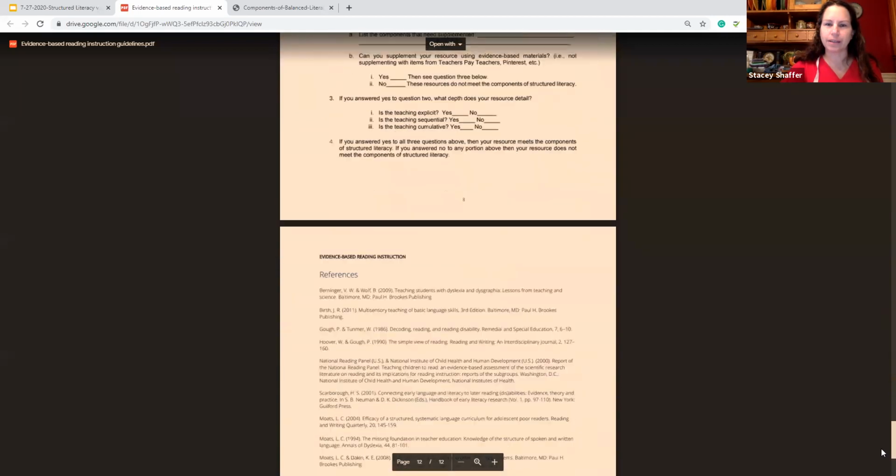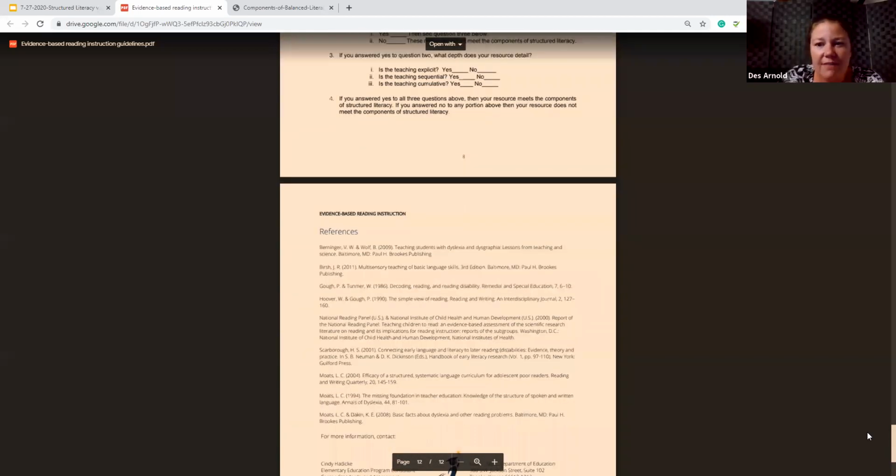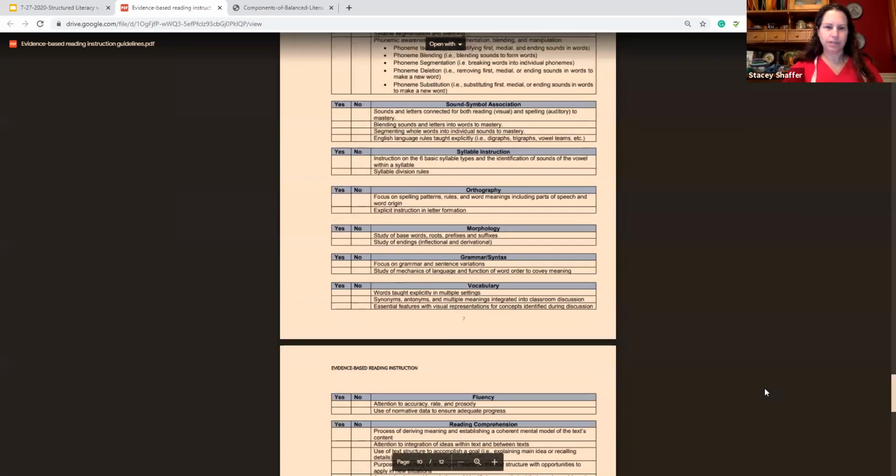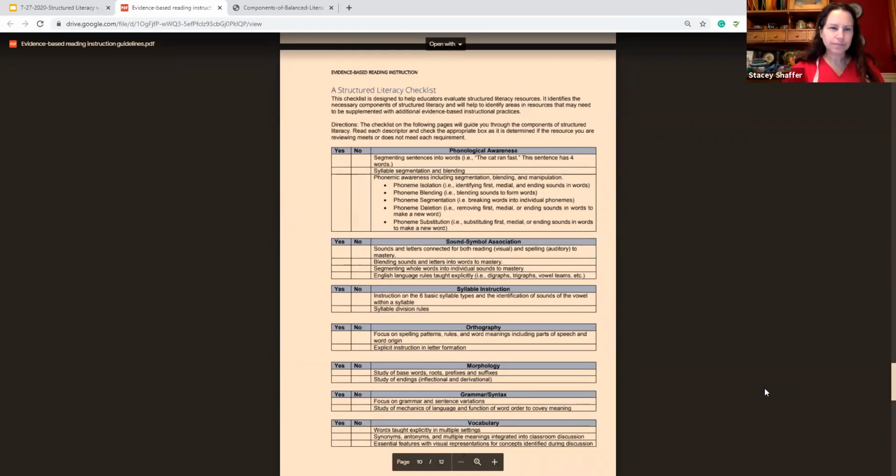It's a total of 12 pages, if that helps you. I see the components of balanced literacy, but it was something to check off for if you were using structured literacy, right?